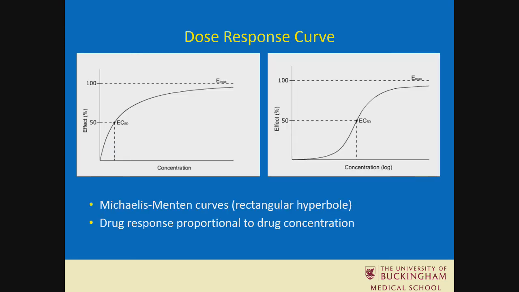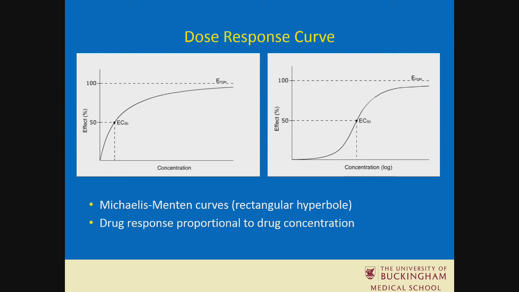So if you're doing an experiment and you are increasing the concentration of your drug and measuring its effect, you get a so-called rectangular hyperbola, and this is a Michaelis-Menten relationship, so you see exactly the same thing in enzymology.